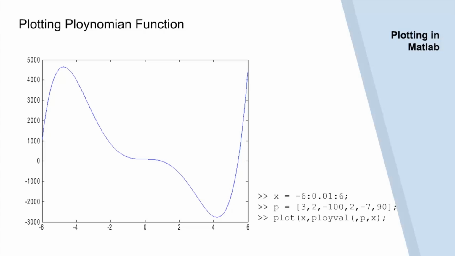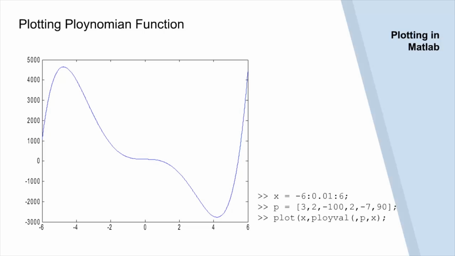Say for example, the plot you see is for the polynomial 3x^5 + 2x^4 - 100x^3 + 2x^2 - 7x + 90, and this has been plotted within the range of -6 to +6 with a spacing of 0.01. We can write the code as follows.